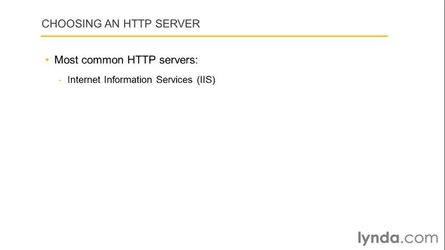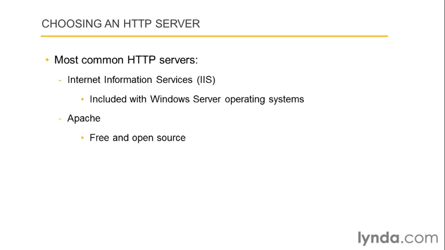On the Windows platform, you have Internet Information Services, also known as IIS. This is a Microsoft product that's included with all copies of Windows server-based operating systems. And then the other major choice is Apache. Apache is completely free and open source, and it works with all major operating systems, including Windows, Linux, Mac OS X, and many others.